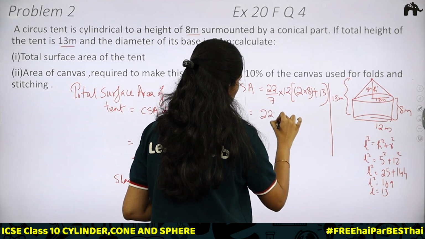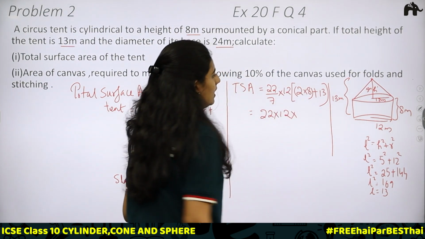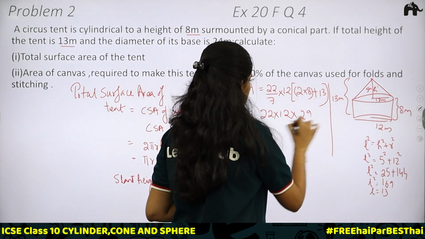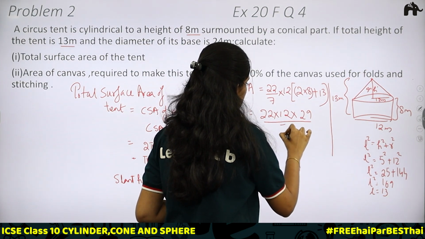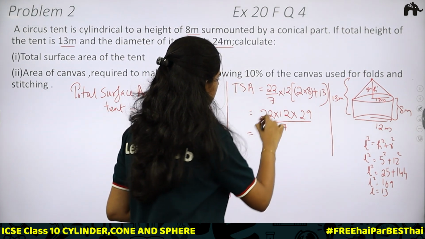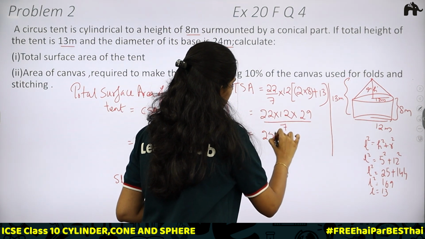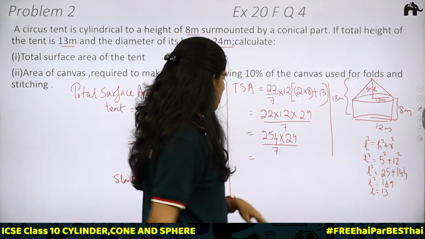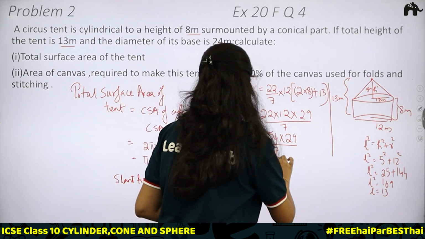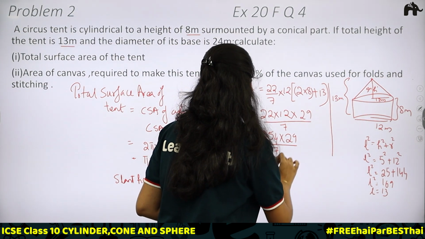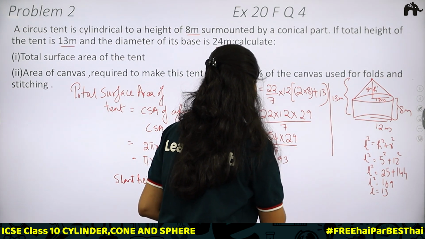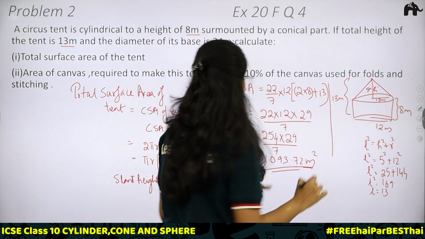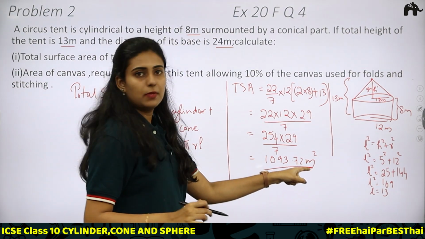That is 22 into 12 into 16 plus 13, which is 29, divided by 7, which is 264 into 29 divided by 7. When you do the calculation, you will get 1093.72 meter square. Here this is total surface area, so the unit will be meter square.